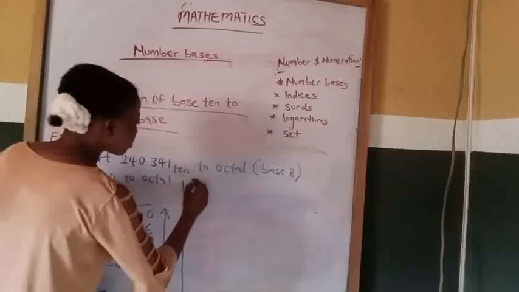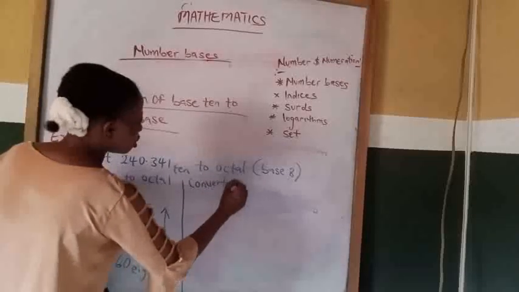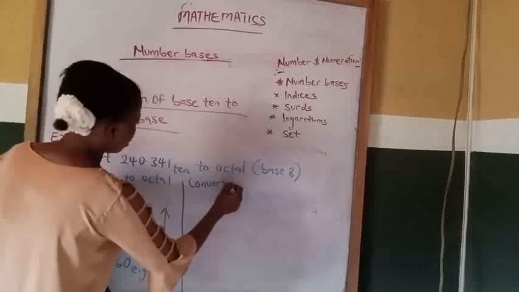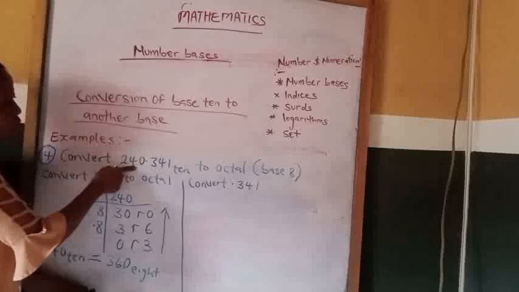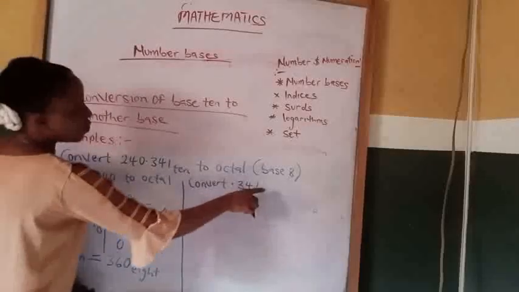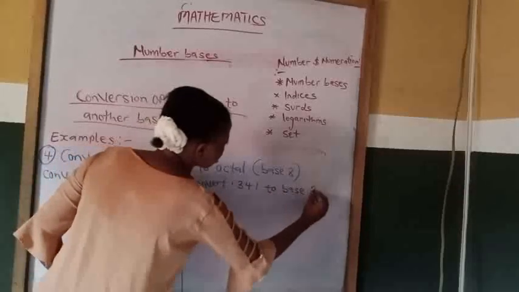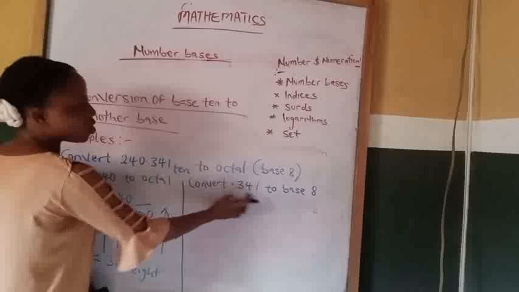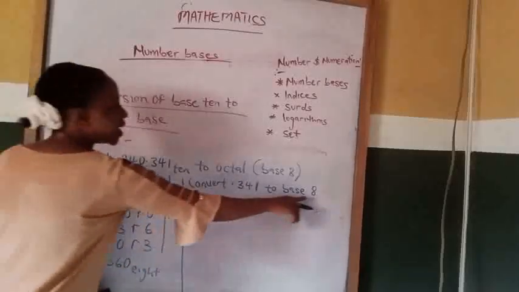Now convert .341 to base 8. Don't forget that when you are converting a decimal number to base 8, you multiply by the new base.